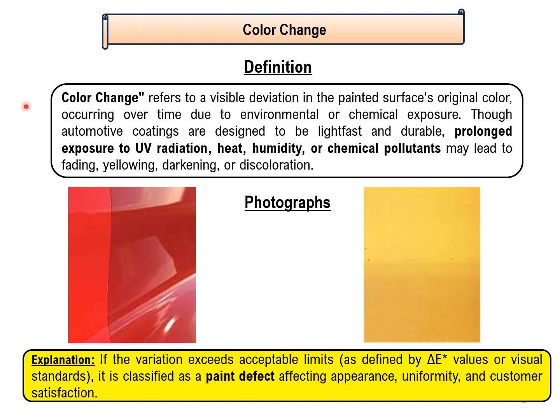Though automotive coatings are designed to be lightfast and durable, prolonged exposure to UV radiation, heat, humidity, or chemical pollutants may lead to fading, yellowing, darkening, or discoloration, as shown in these two photographs.